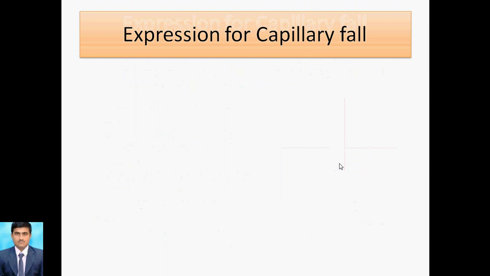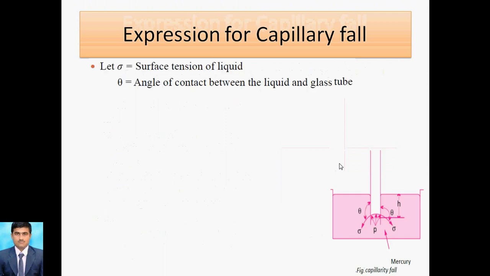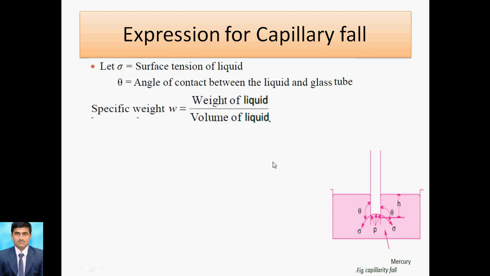Last time we discussed this same phenomenon for capillary rise. σ is the surface tension, θ is the angle of contact. Similarly, we know that the weight of the fluid is responsible for this effect. So the weight of the fluid is equal to specific weight times the volume of the fluid.